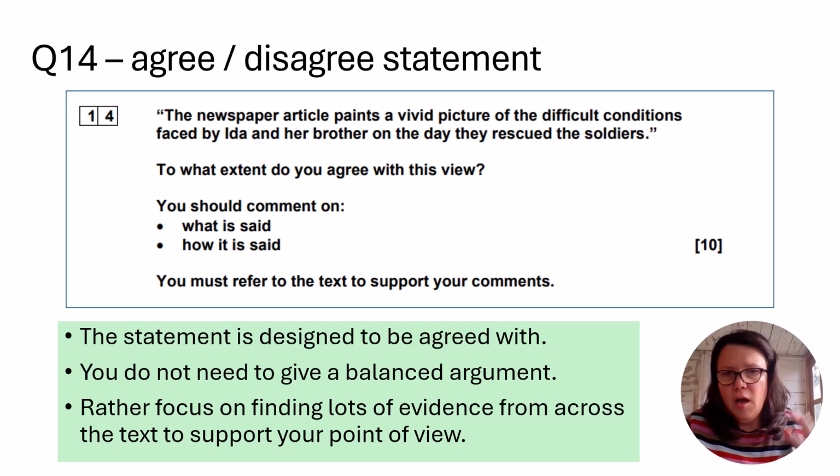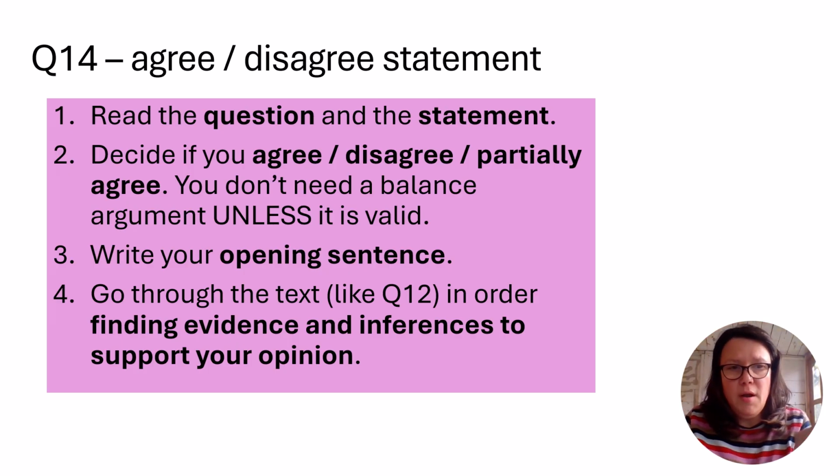So the only difference with this question to question 12 is that you have a statement at the beginning, and it is normally a statement that is designed for you to agree with. You do not have to give a balanced argument. What they want you to do is find evidence to support whatever your argument is going to be. So read the statements. Do you agree or disagree with the statements? And then you write your very simple I agree completely with the statement, or I disagree.